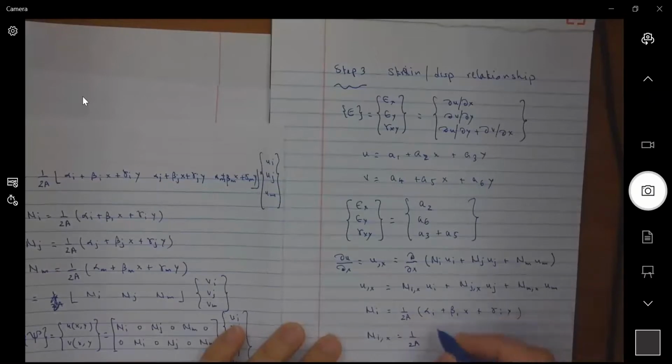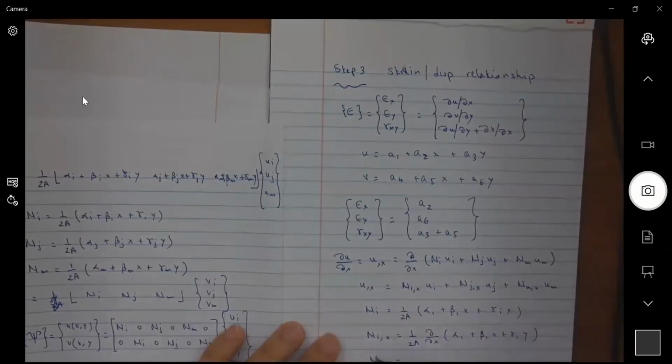So I will end up getting Ni,x equal to only beta i divided by 2a.